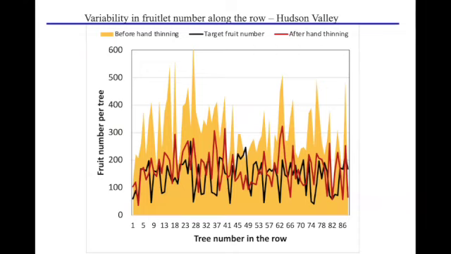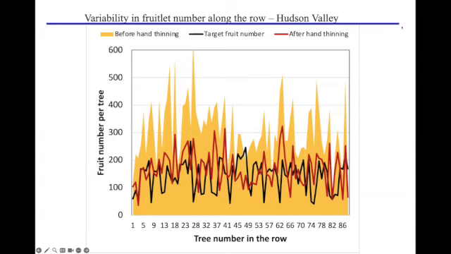I guess I did put in the Hudson Valley data. This is the Hudson Valley plot where most trees were above the optimum, which is the black line. The gold line showed many, many trees above this optimum space. The hand thinning resulted in the red line, which was closer to the black line, but still there were some trees we didn't thin off enough, and a few that we thinned too many of.